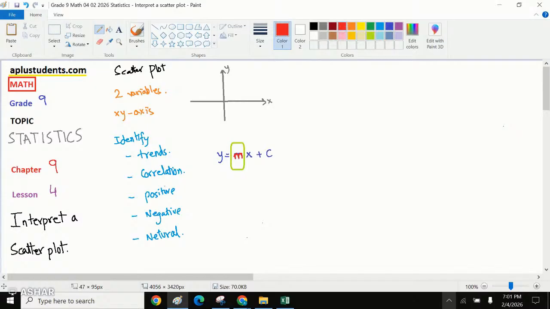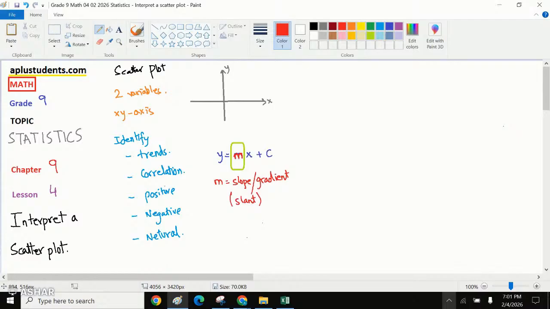M shows us how slanted a line is. M is our most important focus over here.